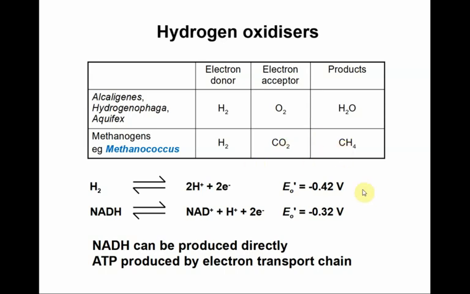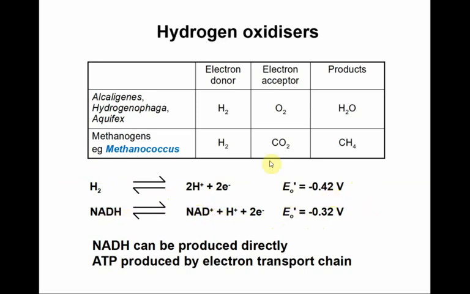Now, without going into the details here, just think about the physical chemistry. This is the redox potential for the half reaction of hydrogen giving up its electrons, and this is the redox potential of NADH giving up its electrons.